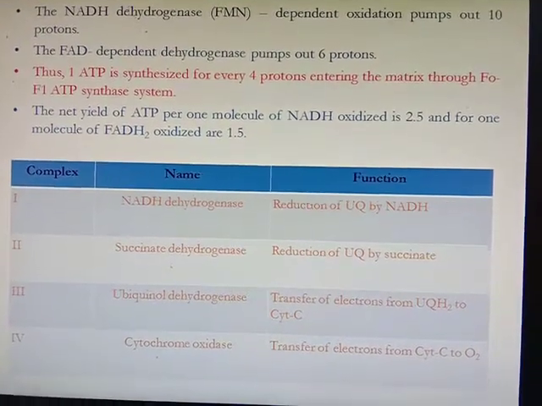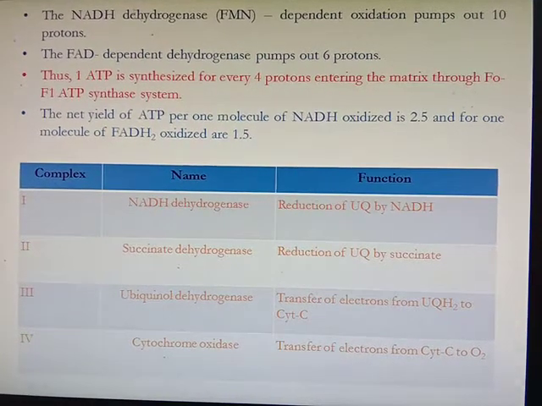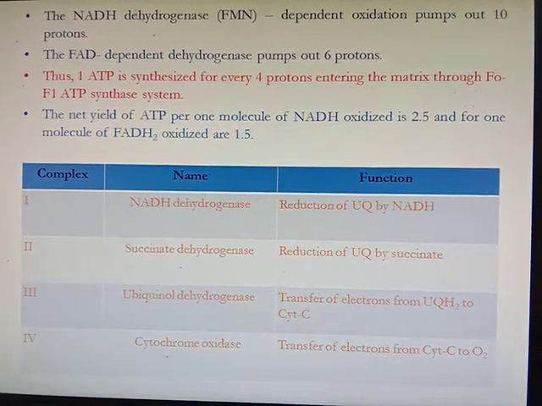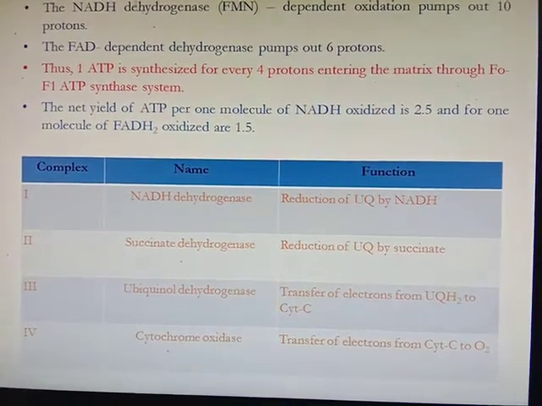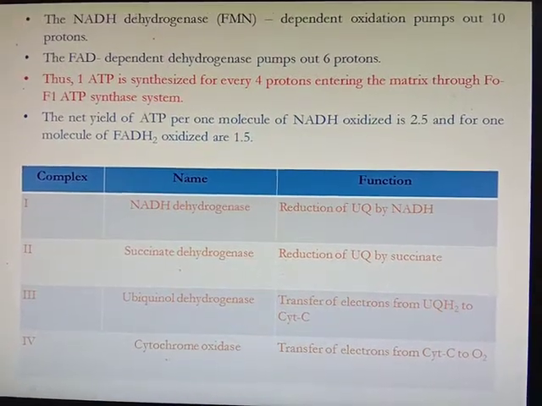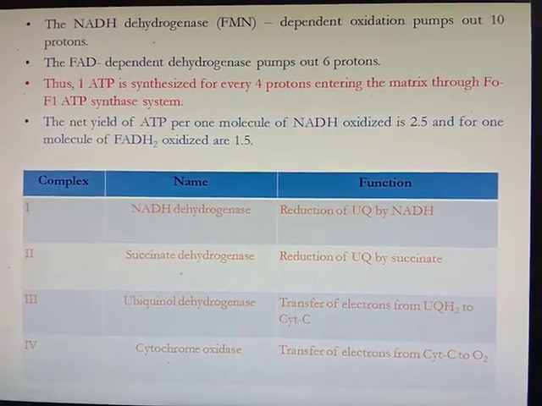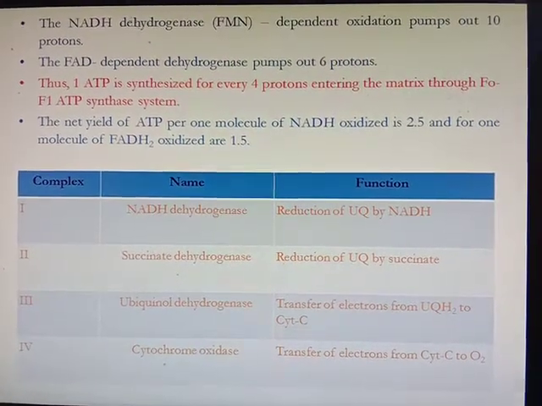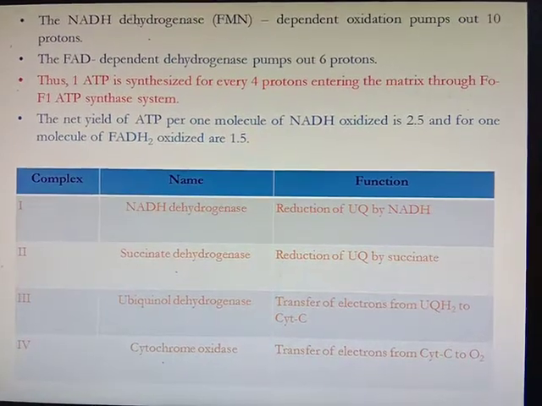The NADH dependent dehydrogenase pumps out 10 protons into the intermembrane space, whereas FAD dependent dehydrogenase pumps out 6 protons. So in NADH dependent dehydrogenase, 4 protons move from complex 1, then 4 protons from complex 3 and 2 protons from complex 4, total 10 protons.